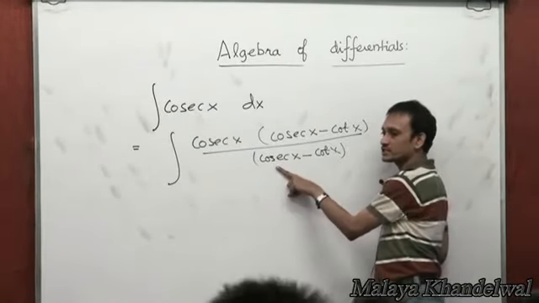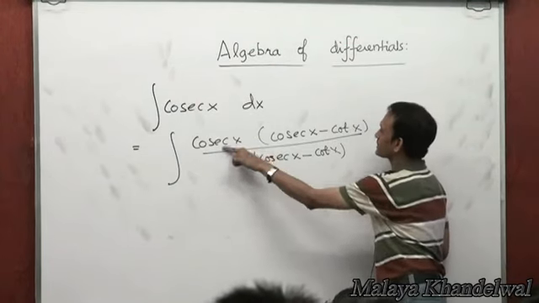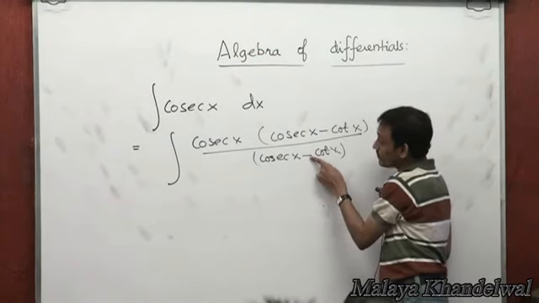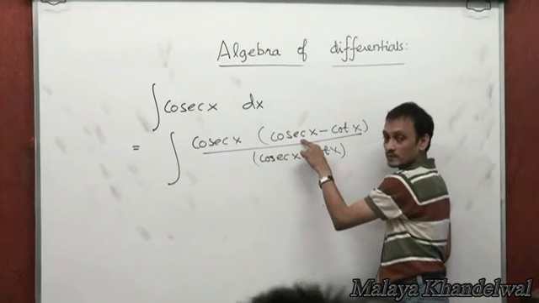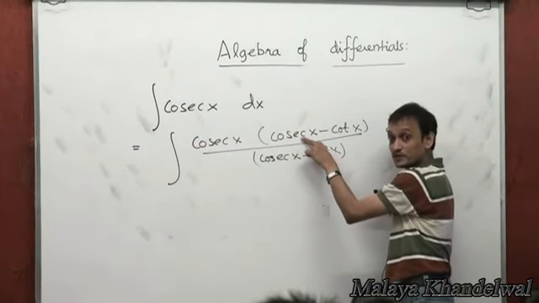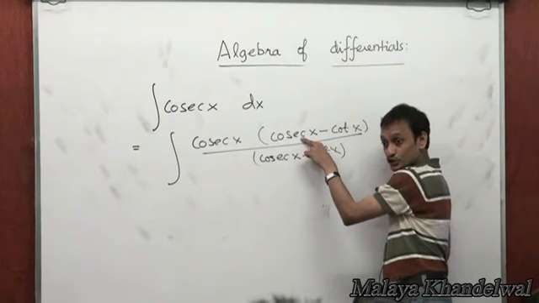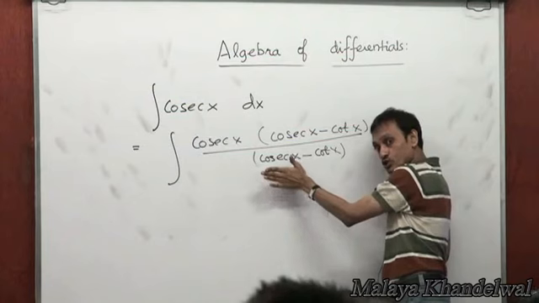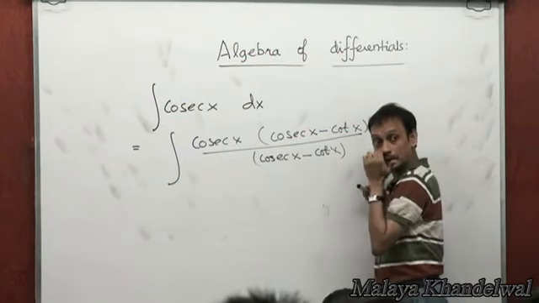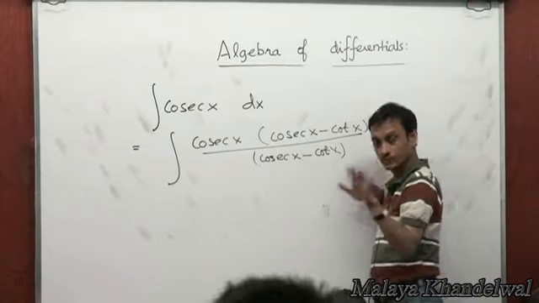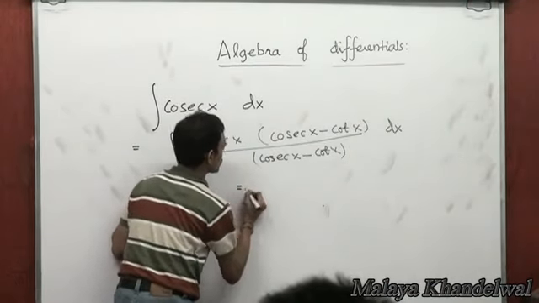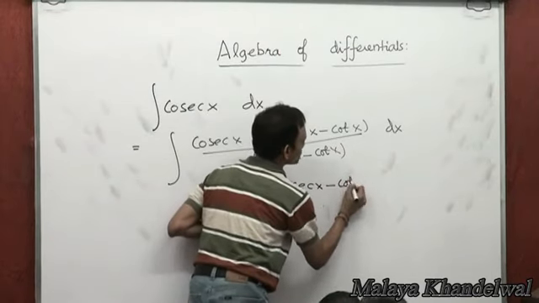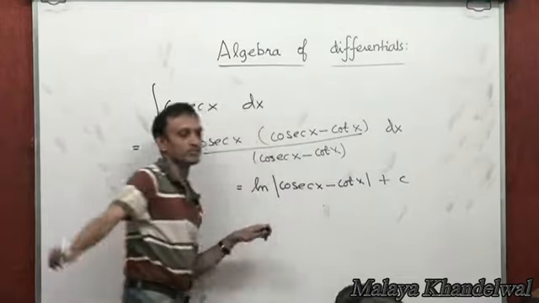What's the derivative of cosec x? Minus cosec x cot x. What's the derivative of cot x? Minus cosec squared x, so with a minus here, it becomes plus cosec squared x. Do you realize then that the numerator is the derivative of the denominator? The integral therefore would be log mod denominator. Log mod cosec x minus cot x. Again a result that you've got to remember.